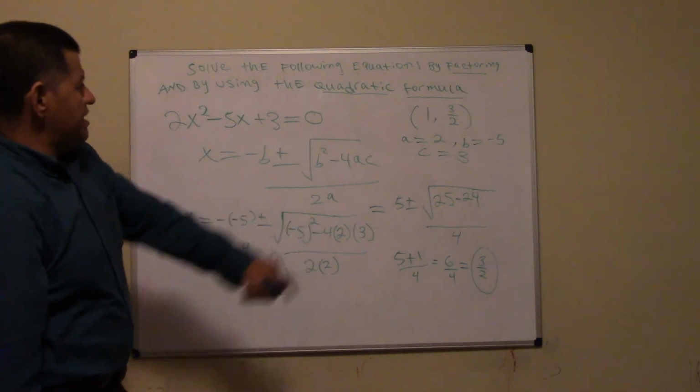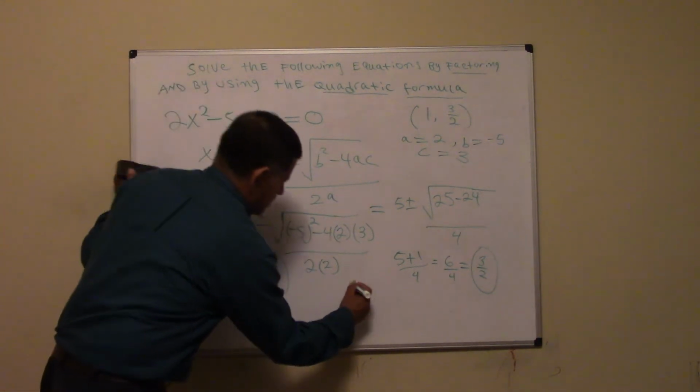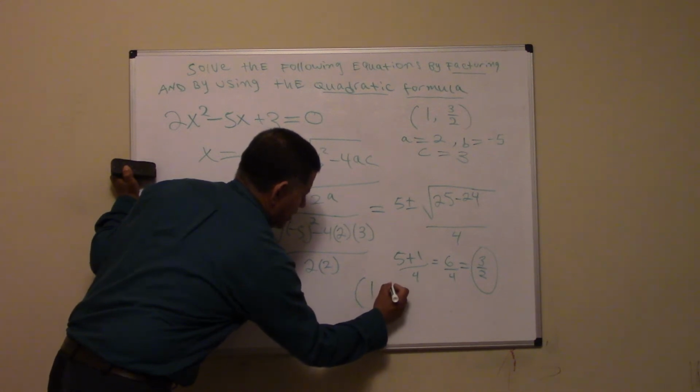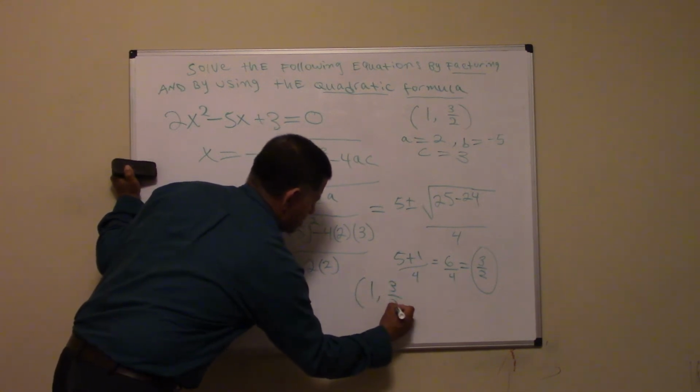Okay, so we get the same answer: 1 comma 3 over 2.